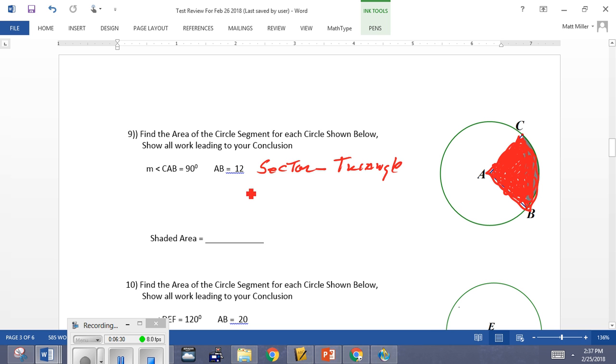So that sector is 1/4 of pi r squared. AB is the radius, so it's 12 squared, 144 pi, minus the area of the triangle. It's a right triangle, composed of two radii of 12 and 12.